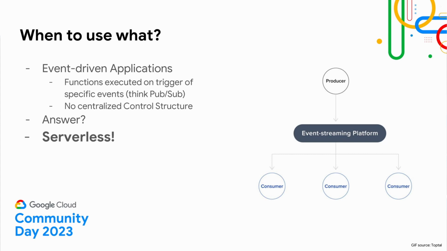Now I want interaction from you all, wherein I want you all to answer what we will use. The two options are servers and serverless. Let's say that we have an event-driven application. It has functions that execute on specific triggers. You need to do a certain action in order to cause the function to execute. And there's no centralized control structure.